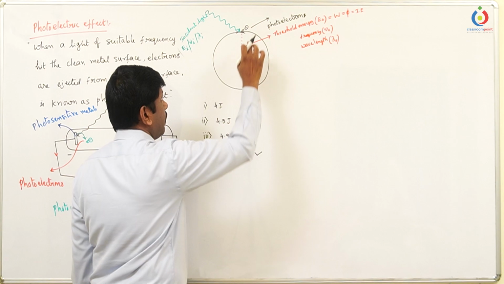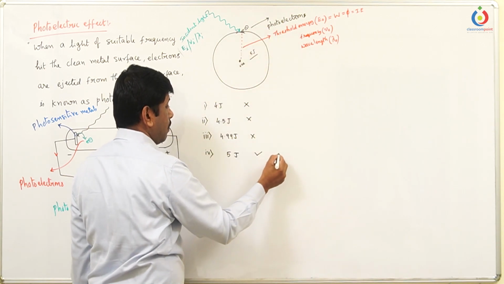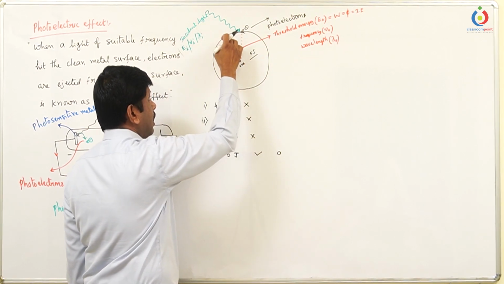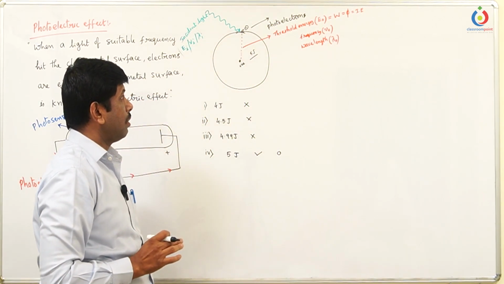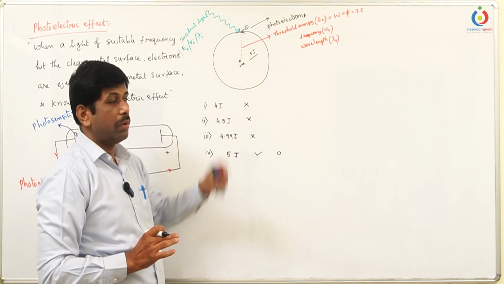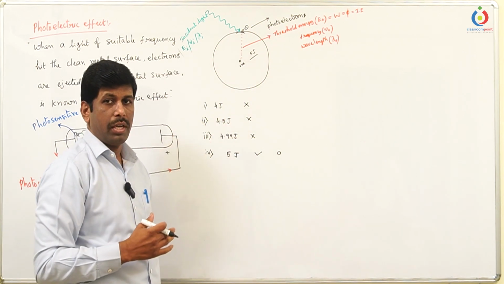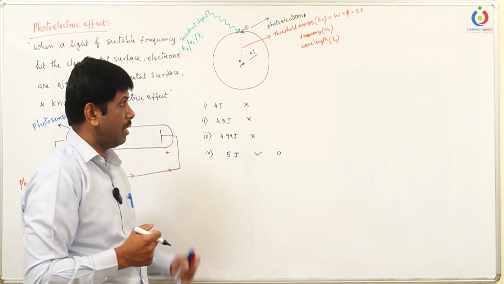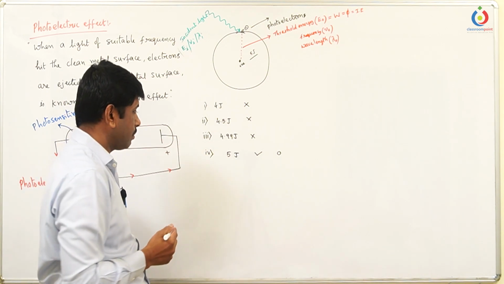Then what is the velocity of the ejected electrons? In this case it is 0, because the entire energy you had given was utilized by the electron only to overcome the nucleus attraction power, so the electron will not have any energy left to increase its speed. So the kinetic energy of the electron in this case can be taken as 0.